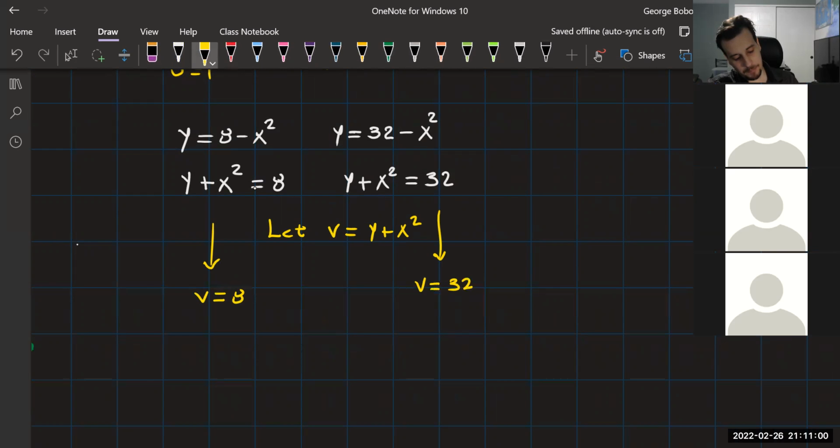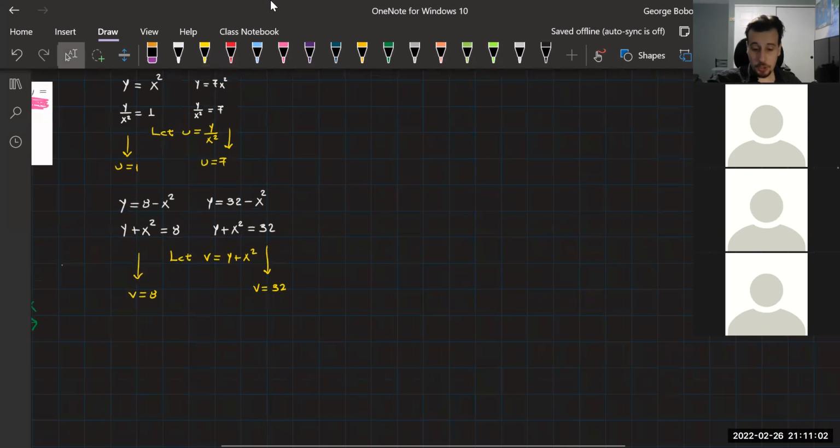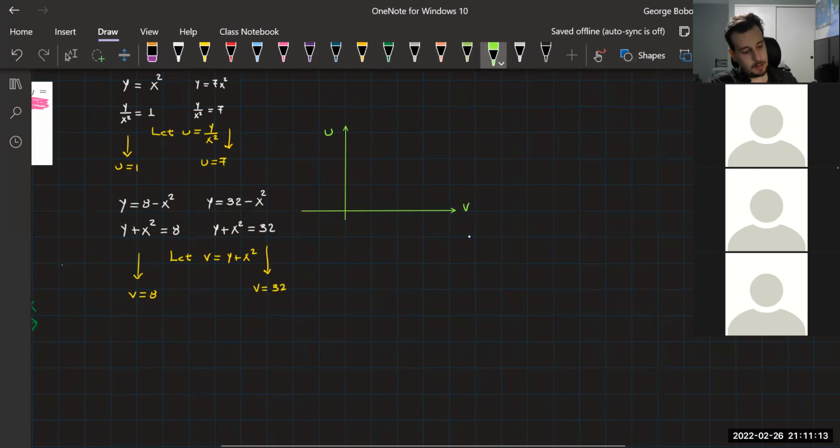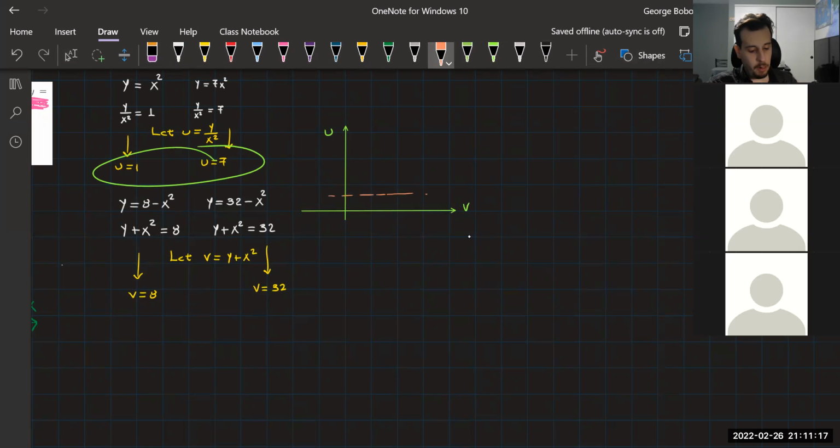Okay. And if we're in this space, you know what the integrand looks like right now? It looks like a joke. Look at this. If we paint the integrand now on the UV axis, u goes from 1 to 7. That is the u equals 7 line.